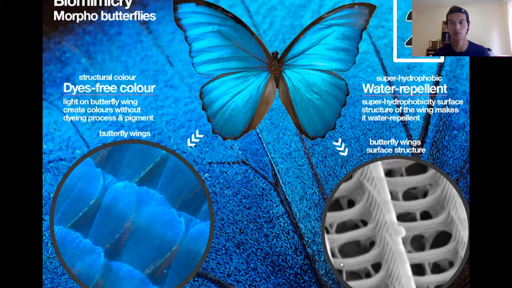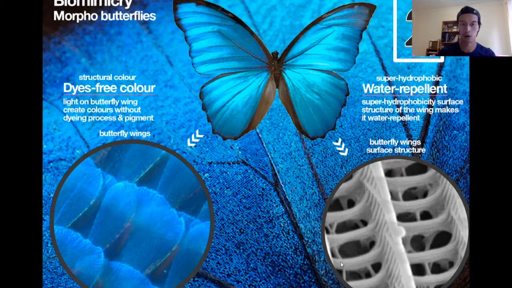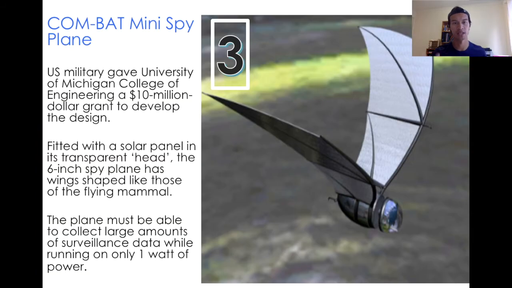And then you have these really cool super hydrophobic, water repellent surfaces that allow the butterfly to stay dry during the rain, because the structure of the wings allows water to wick straight off the wing. And we use the same kind of technology to create water repellent surfaces, as well as paint coatings that are extremely reflective. Okay.